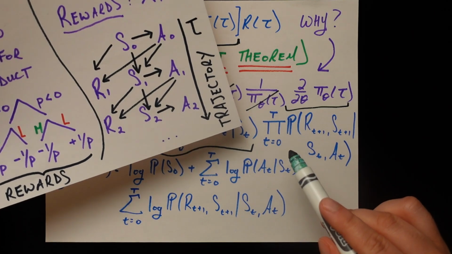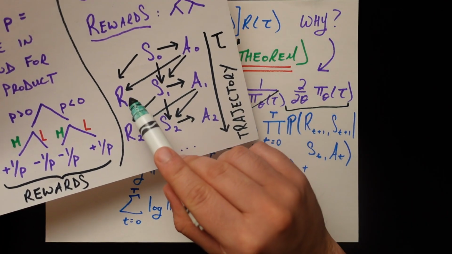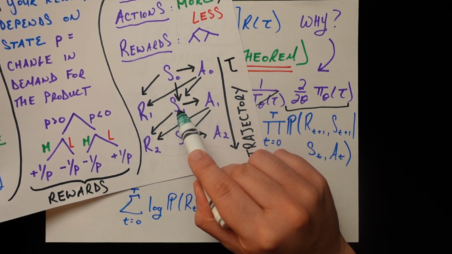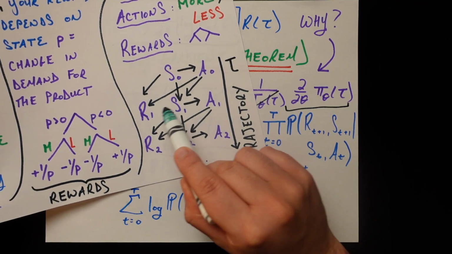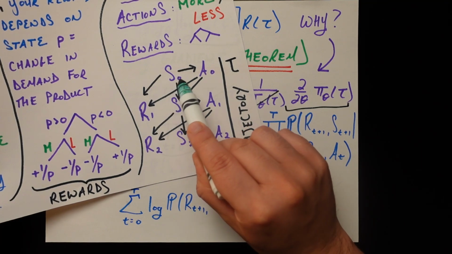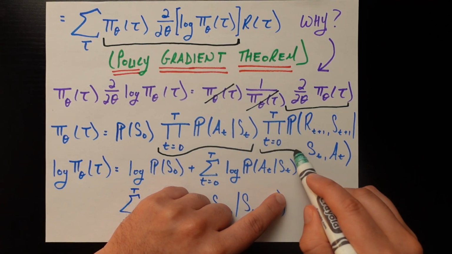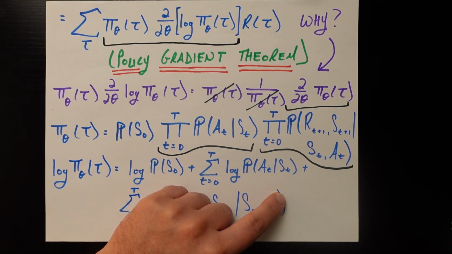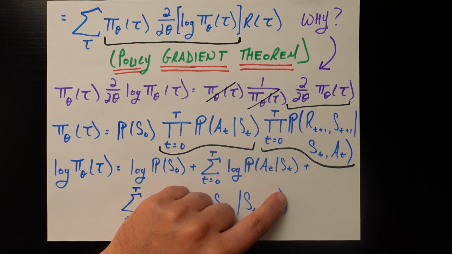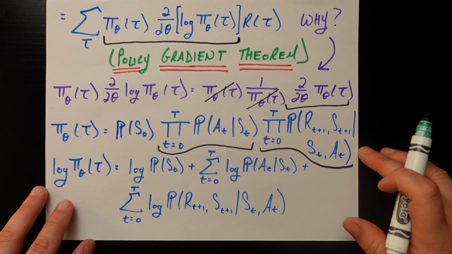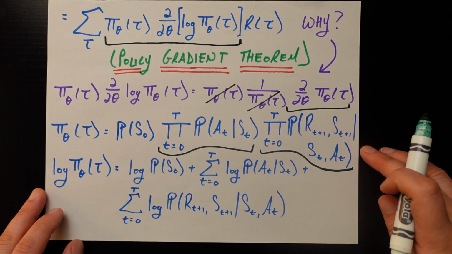The last thing we're missing is the probability of the reward and the state in a certain time step. Those are going to be functions of the state and action in the previous time step, which is exactly the term you're seeing right here. Even though this looks a little bit cumbersome, it's just saying in mathematics what we said in words a couple minutes ago.